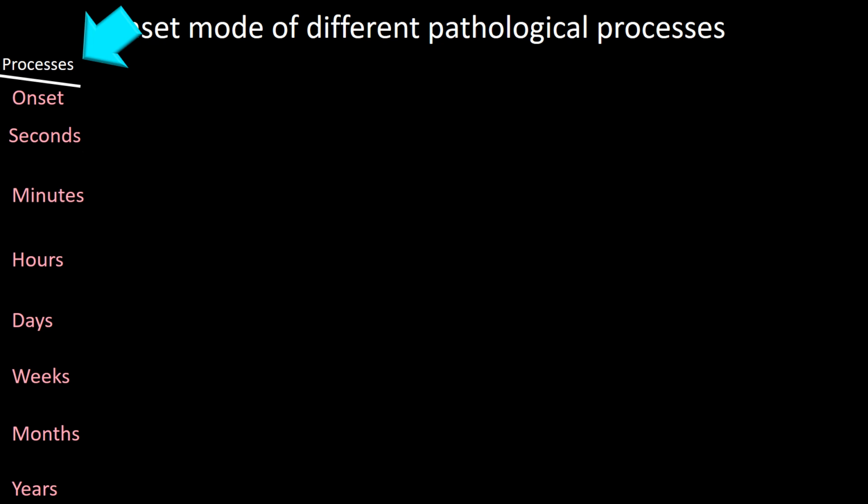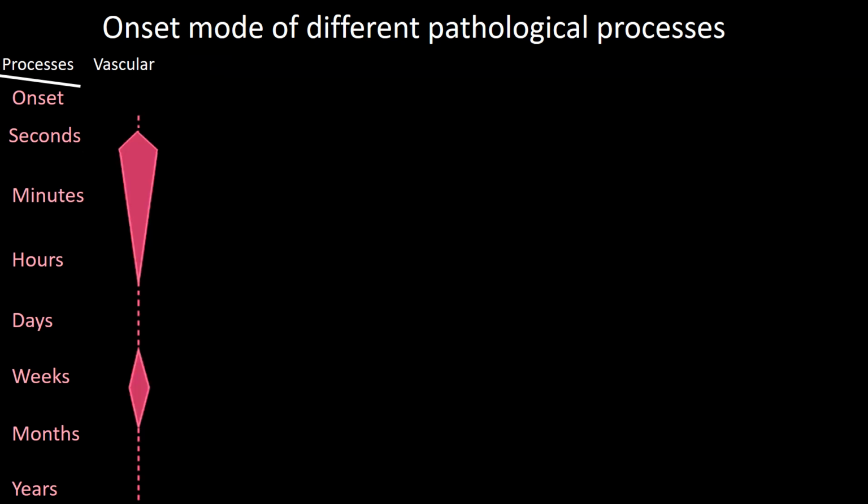In this row, I will enumerate likely pathological processes that produce neurological symptoms. I will start with vascular. Vascular pathology has a binary pattern of onset. Most vascular symptoms reach maximal expression in a matter of seconds to a minute. Seldom neurological symptoms of vascular disease reach maximal expression in hours.